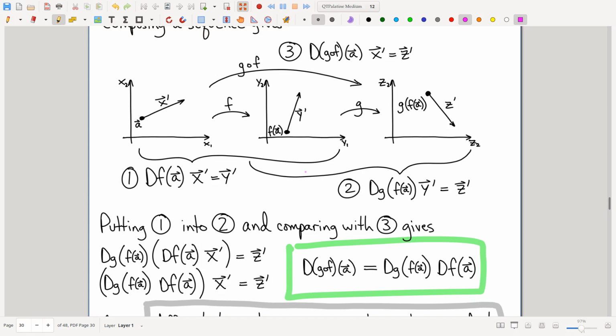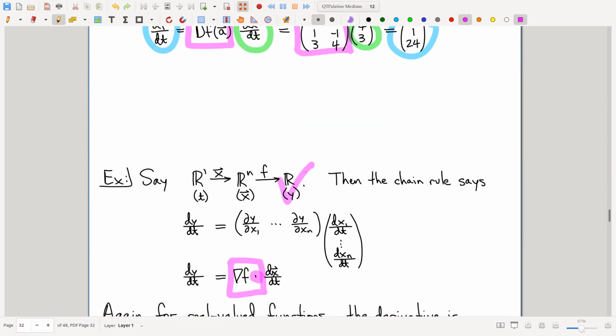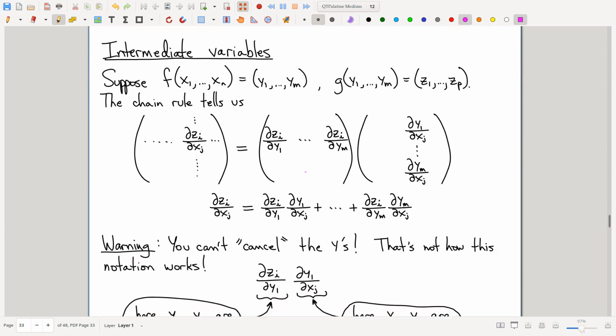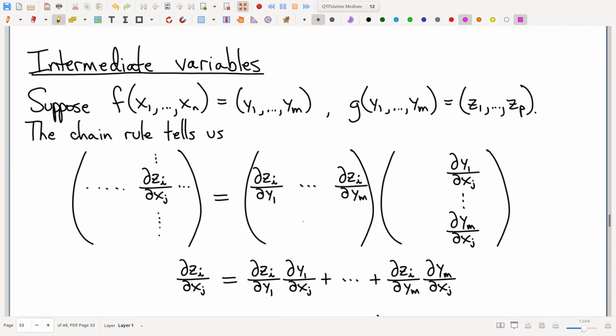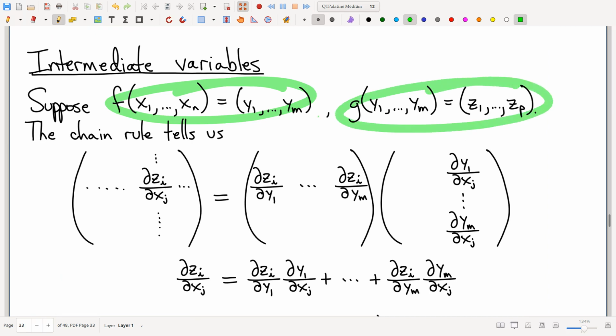That said, in certain special cases, it can be very convenient to think about a different point of view. So here we go. We have a couple of multivariable functions. Here's a multivariable function f. Here's another one, g. You're going to notice that what comes out of f is what goes into g. So implicitly, I'm composing these two functions.